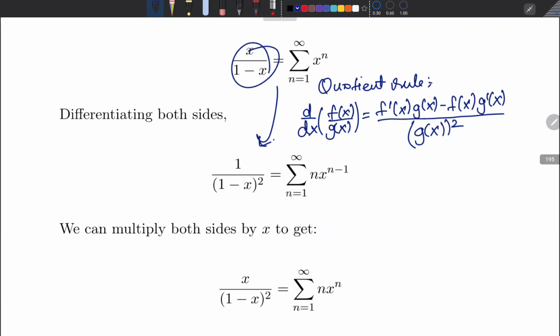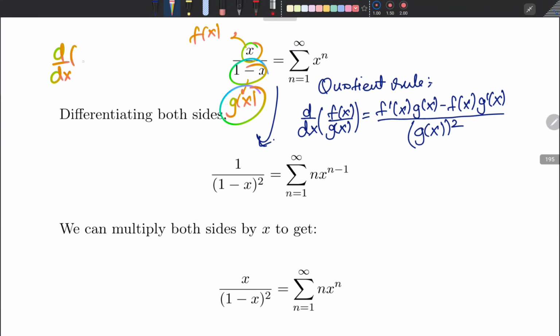So for this case, this is your f of x and this part is your g of x, and the derivative of f of x is 1 and the derivative of g of x is minus 1.